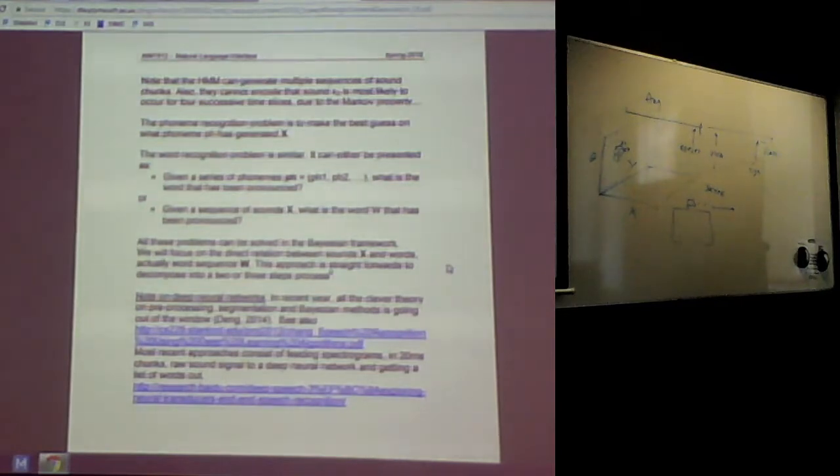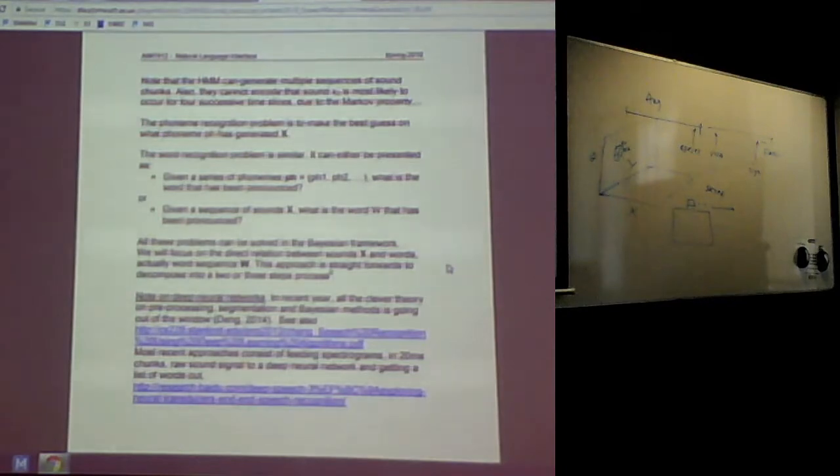You can also think of the same problem for word recognition, say, given a sequence of phonemes, which are the observable, what are the words that have been meant to be produced. You can also go straight from the sound to the word.